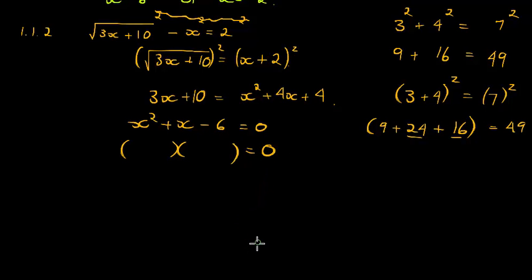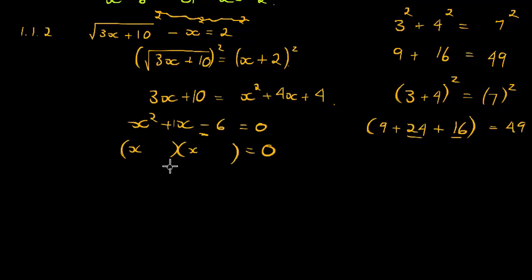Okay, 2 brackets, I think this goes to 2 brackets. We must have 6, and when we subtract, we should get positive 1. So what must that be? Okay, you must practice this, you must be able to do it quicker, okay? 6 and the difference is 1.